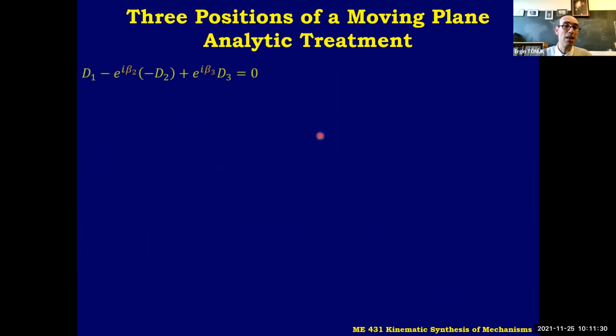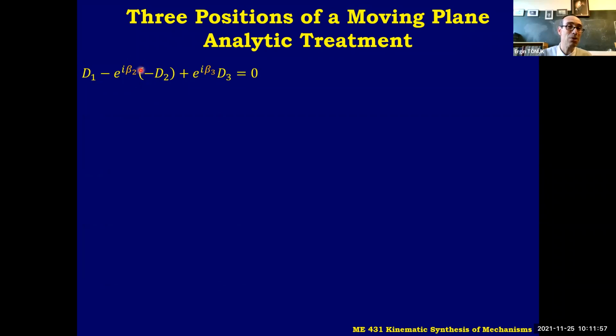Now, let me copy the same equation to here. As you see, these two minuses will cancel. So I will have a D1 complex number, which I can represent by a vector. I have a D2 complex number, which I can represent by a vector, and I have to rotate it by an unknown amount, beta 2.